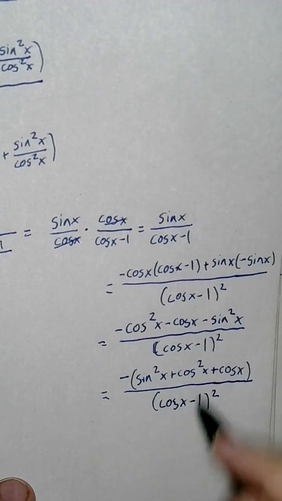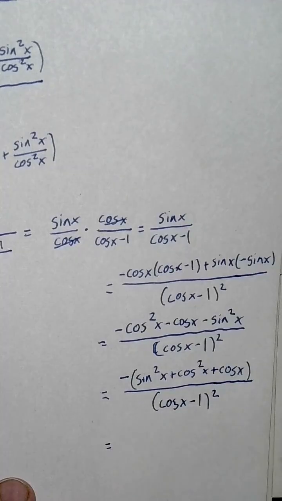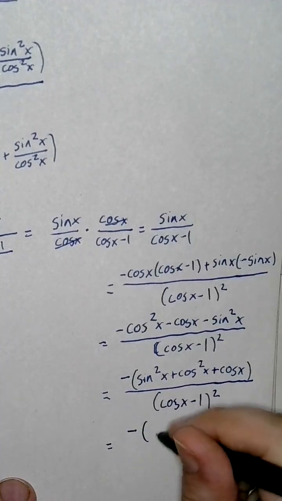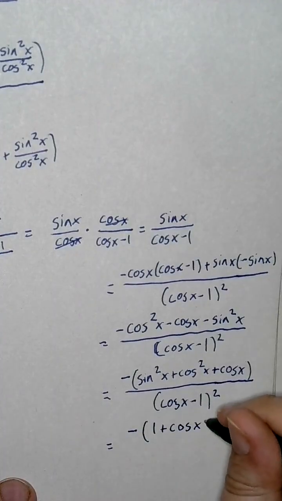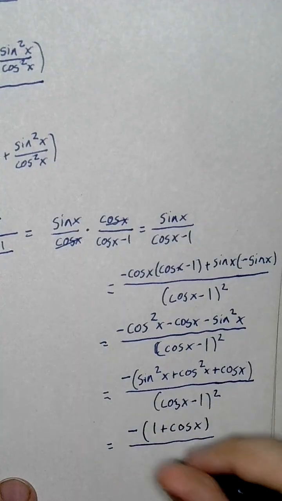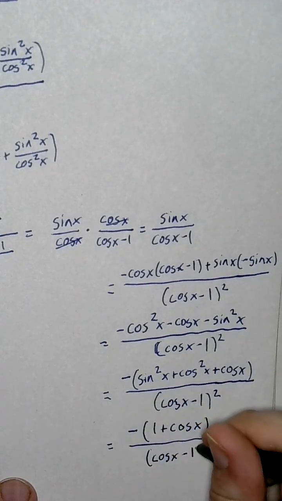Sine squared plus cosine squared is 1. So this is negative 1 plus cosine x all over cosine x minus 1 all squared.